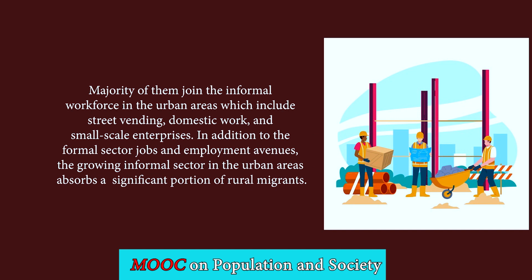Majority of them join the informal workforce in the urban areas, which includes street vending, domestic work, small-scale enterprises. In addition to formal sectors and informal job avenues, the growing informal sector also absorbs a huge chunk of population from the rural areas.